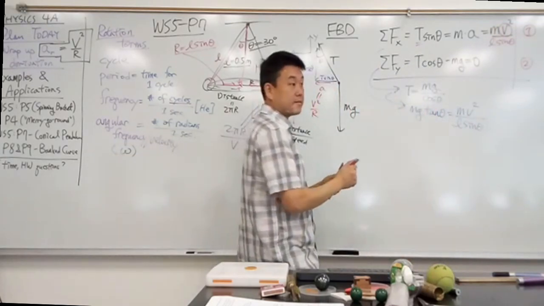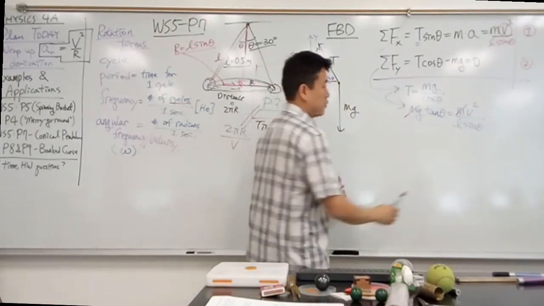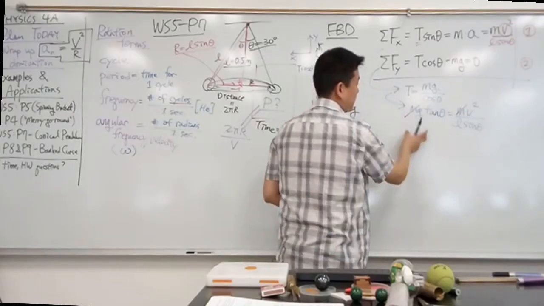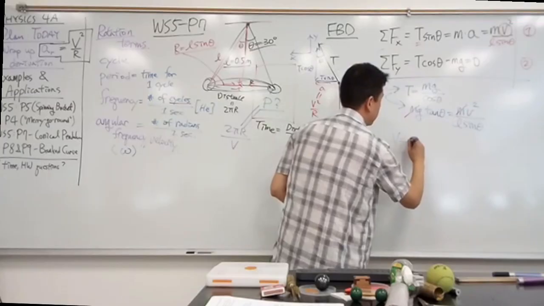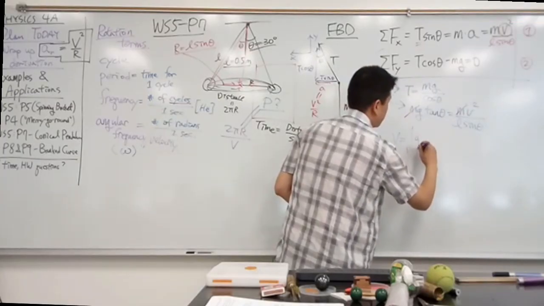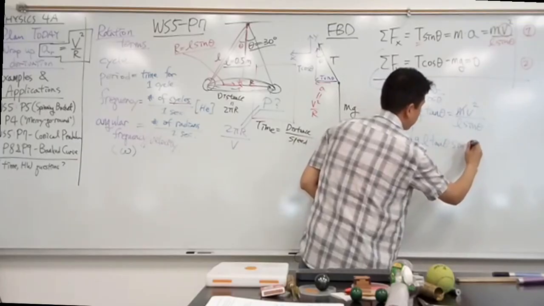All right, masses cancel. Then I can solve for V here. Move L sine theta over. I get V is equal to square root of g L tangent theta sine theta.